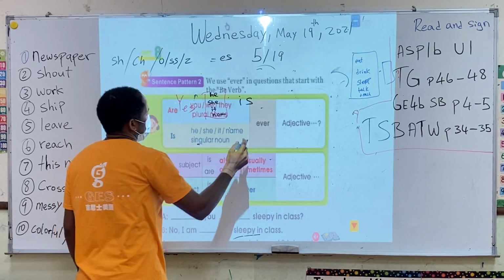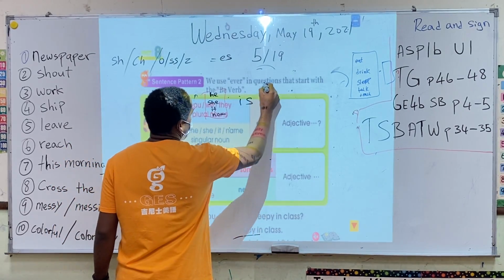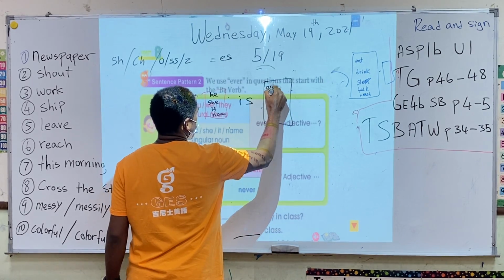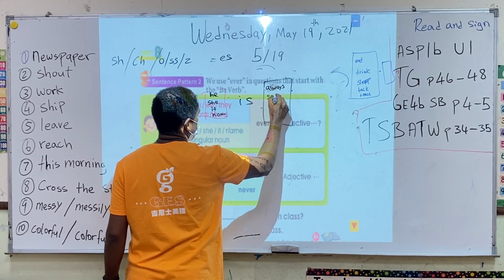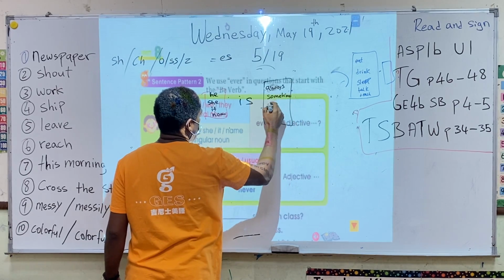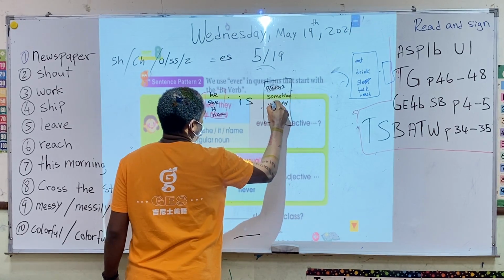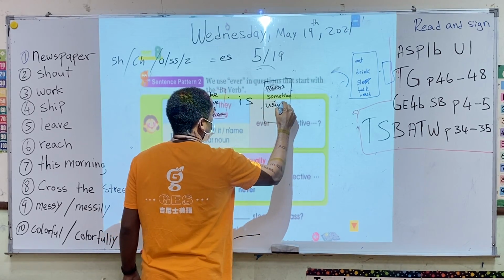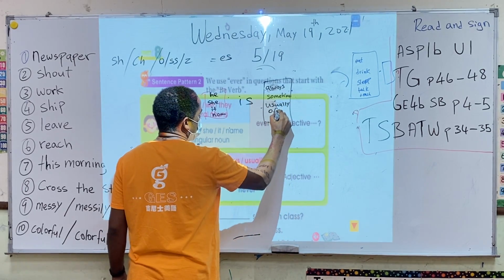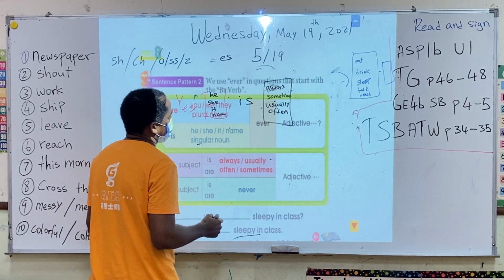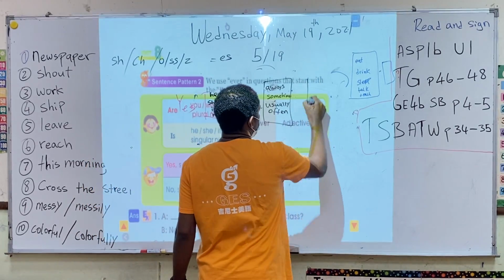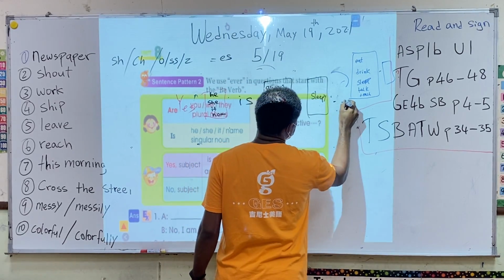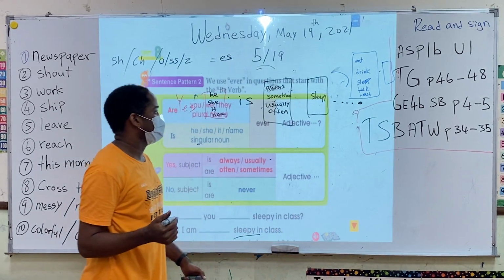So he, she, it, name is followed by always, sometimes, usually, often, and then followed by the adjective like sleepy, followed by the rest of the sentence.